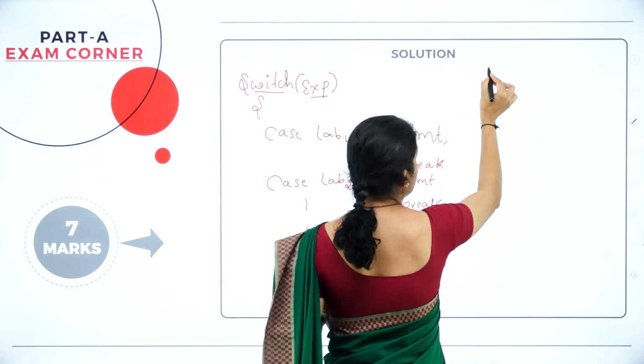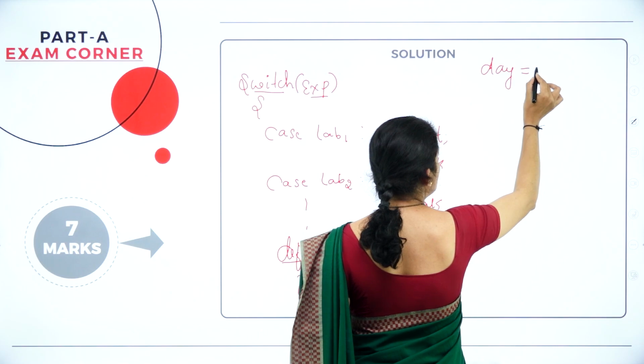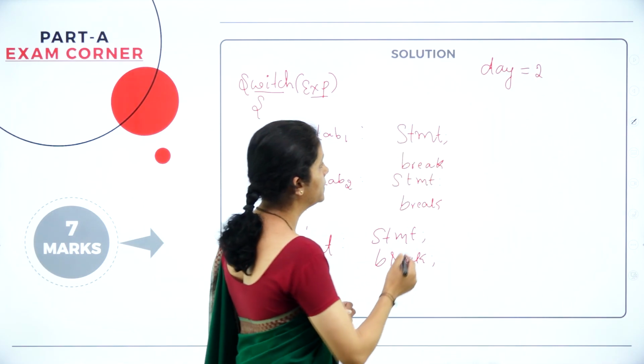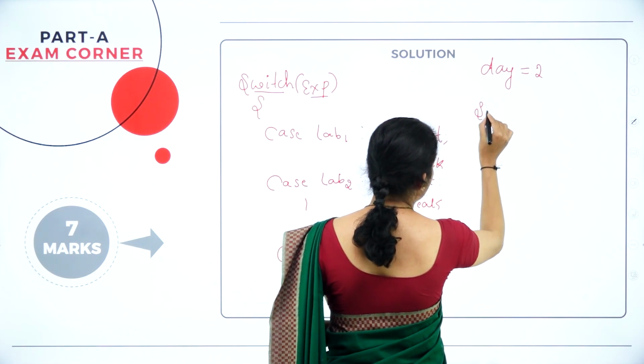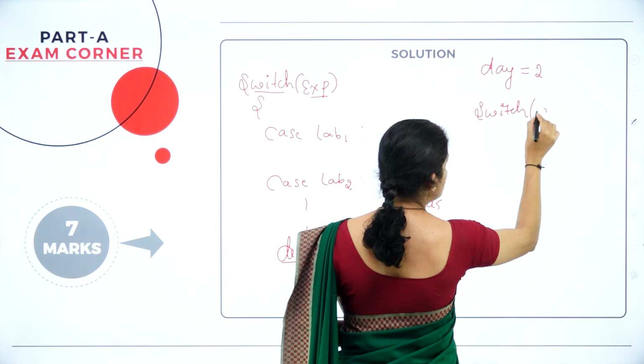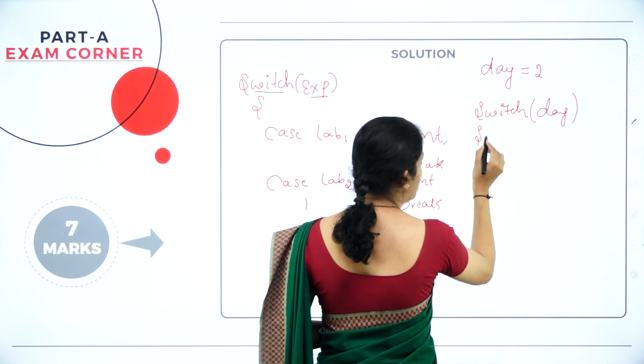Think that, okay, I'll take day equal to 2. Day equal to 2. Okay, now I'll write the switch statement. Switch, and what's my expression here? That is nothing but the day. Okay, start with the flower bracket.